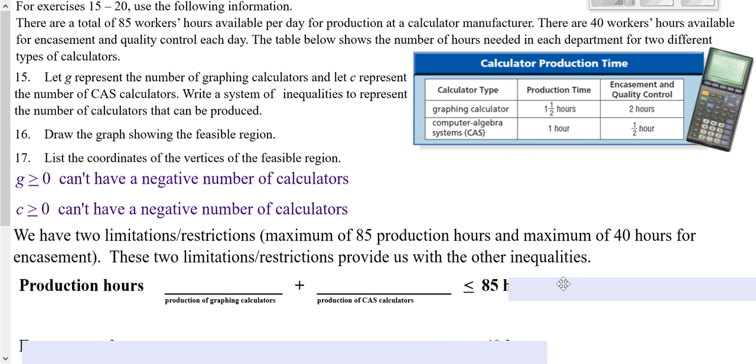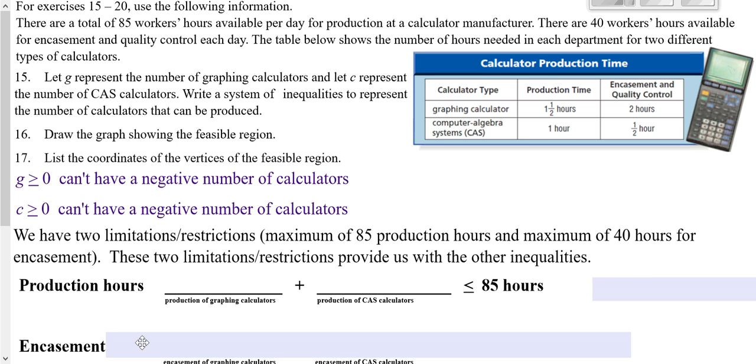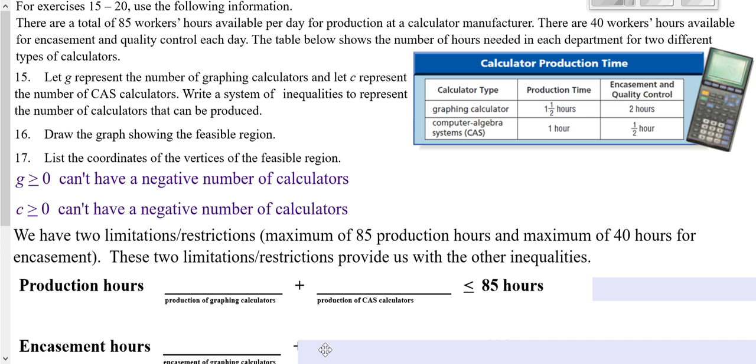It can't be more than 85 hours, so it has to be less than or equal to 85. Similarly for the encasement, some goes to the graphing, and some goes to the CAS, and it can't be more than the hours available, which is 40.